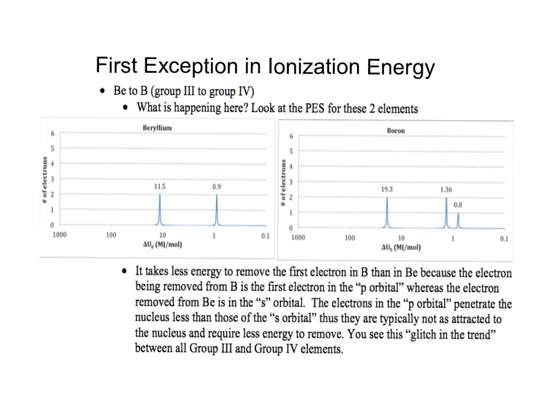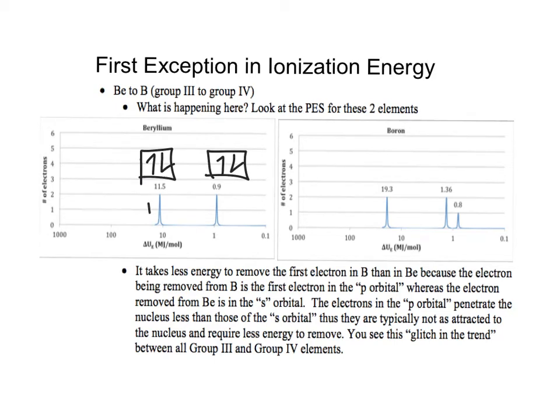The first exception that happens, let's look at between beryllium and boron. What I like to do when I explain this, I think it makes most sense if you actually look at the orbital spin diagram. So this is the PES for beryllium. If I have beryllium, I'm looking at this, right? This is a 1s2 and that's a 2s2.